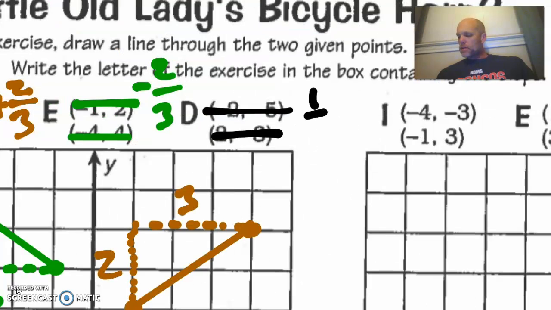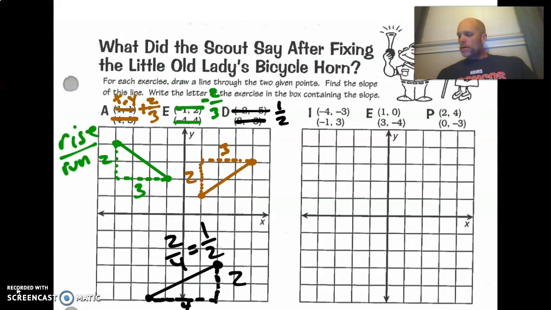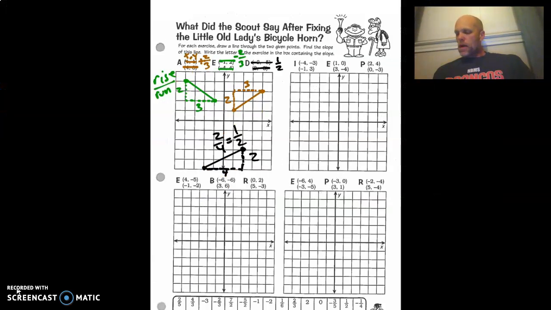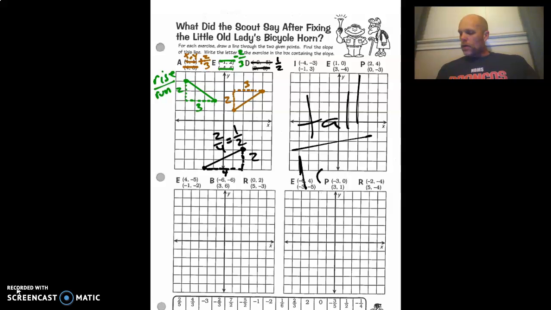So this one is 1/2. Take those 2 points, turn them into a triangle. How tall over how long? Positive or negative? Use those notes. It'll get super simple for you, I promise.